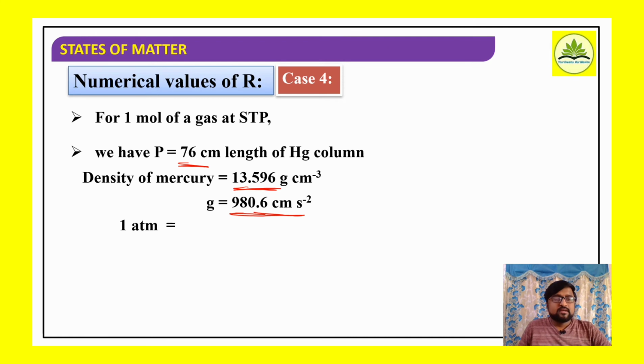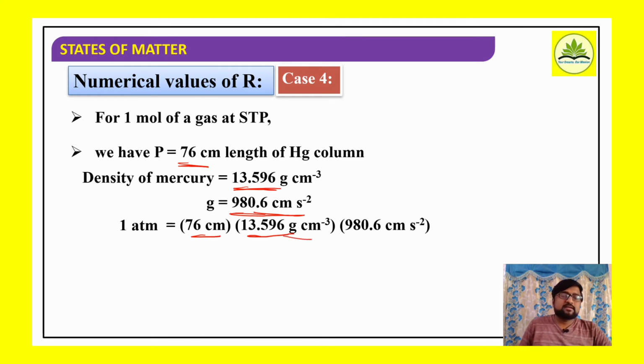Now 1 atmosphere is equal to 76 centimeter into 13.596 gram per centimeter cube into 980.6 centimeter per second square. If you simplify it, it is equal to 1013250 gram per centimeter second square.